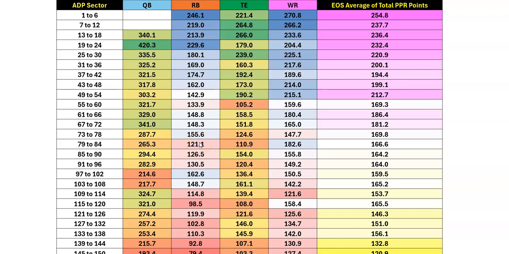It looks like about 79 to 96, it really gets bad. But there's a blip here, folks, at 97 to 108, basically. And then we continue to drop. So historically, this is about, was it the 9th round? Something is happening in here.